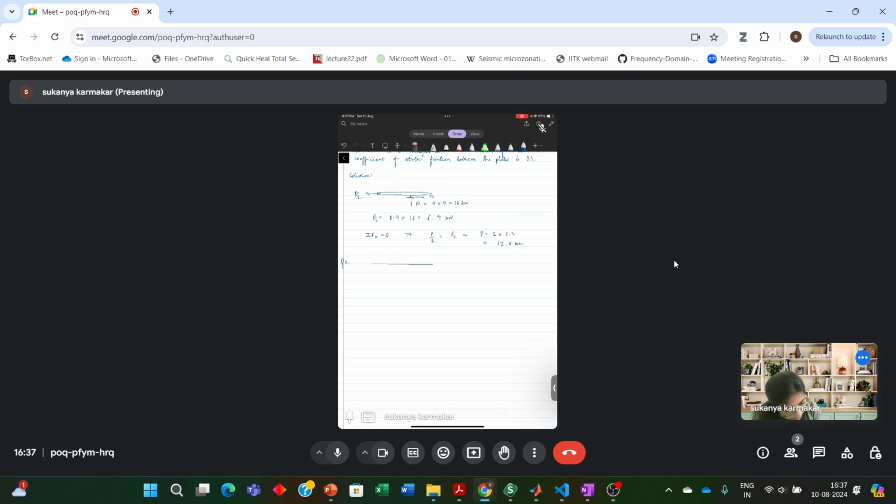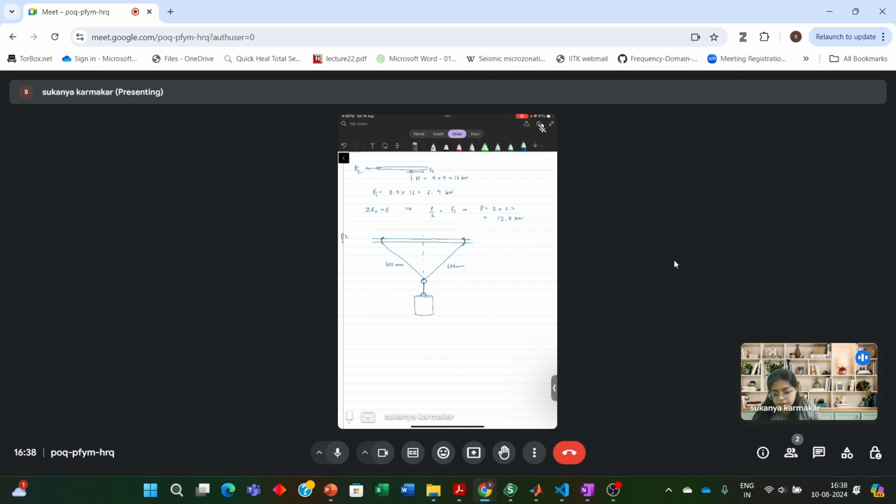So suppose here you have a bar kind of thing, and here you have one ring, here you have another ring, and from here a cylinder is hanging. This inclined length is 600 mm, and this is also 600 mm.